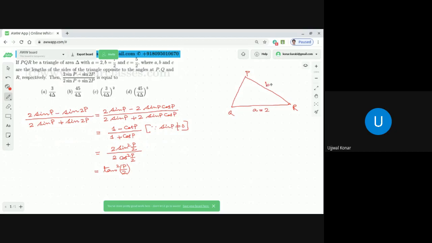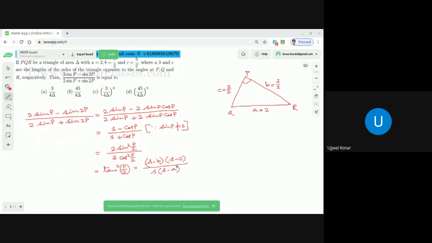Opposite to Q it is B, given as 7 by 2. And opposite to R we define C, equal to 5 by 2. Then what is tan square P by 2? We can find it out. From the formula, it is equal to (S minus B) into (S minus C) divided by S into (S minus A).